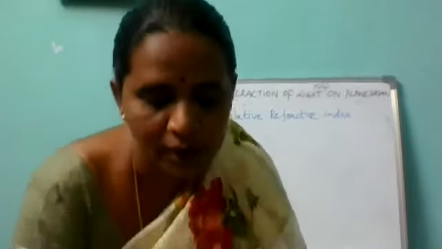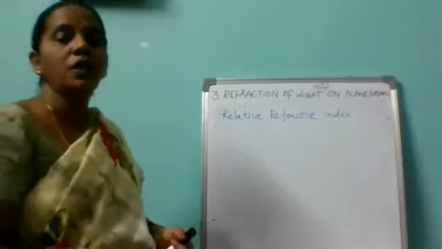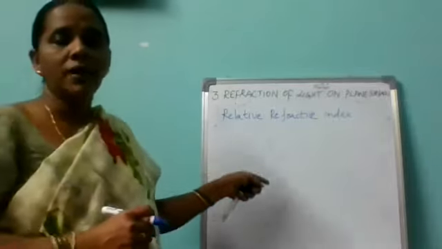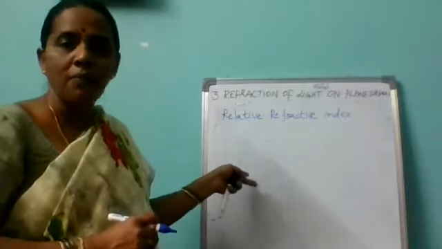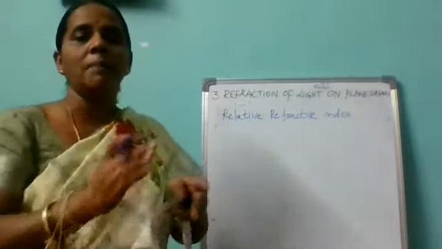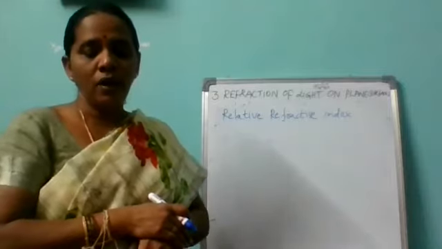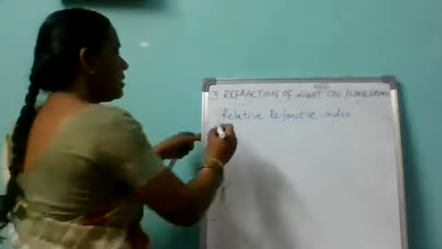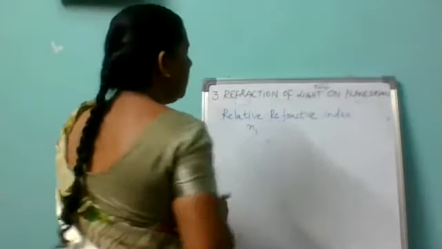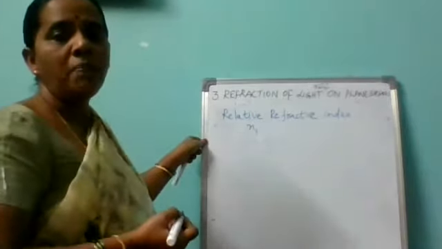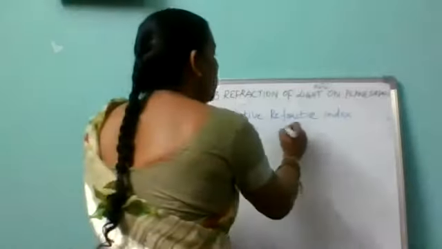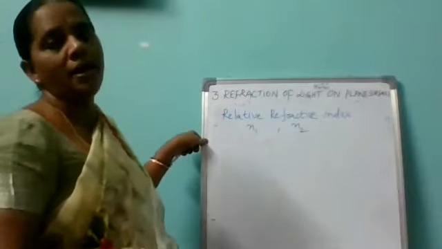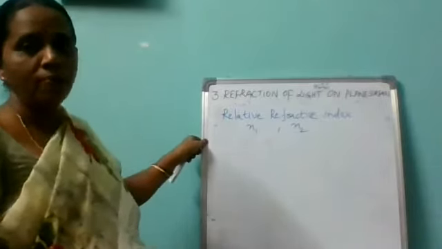The refractive index of the two medias. We have just taken the refractive index of the glass and the refractive index of diamond. We are just comparing these two. Then we call it relative refractive index. These are denoted by N1 and N2, the refractive indexes of the two medias, medium 1 and medium 2.